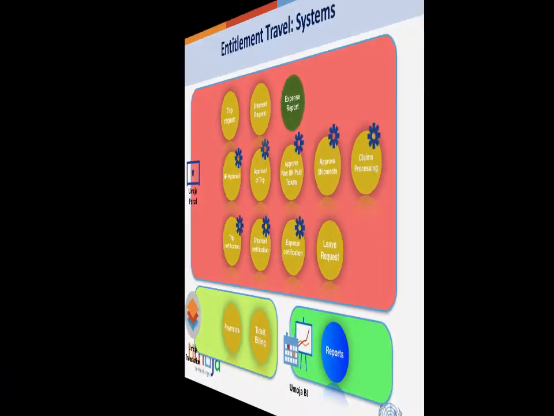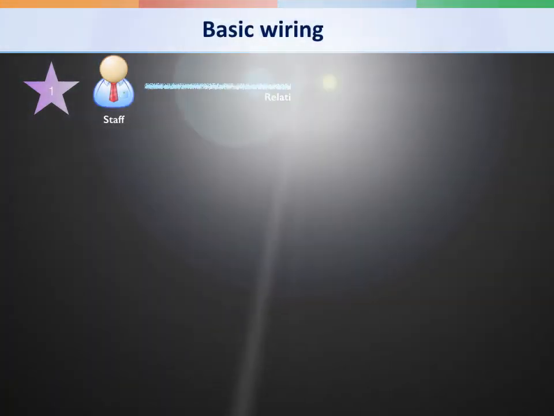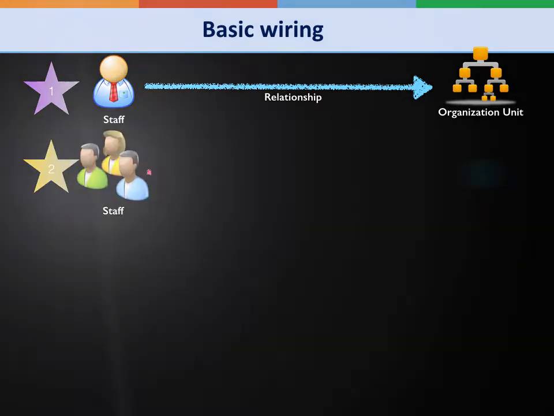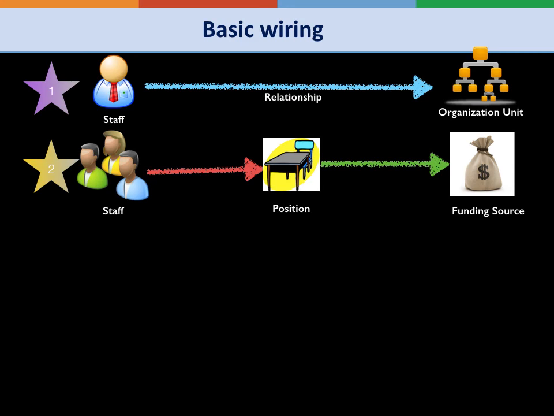Okay, with this, I'm going to explain some of the basic wirings in the systems. I call it wiring and plumbing, because these are all the internal things which enable the process to work seamlessly. Step one, any staff member is always related to an organizational unit. Step two, a staff member always sits on a position, and the position is always assigned to a funding source.